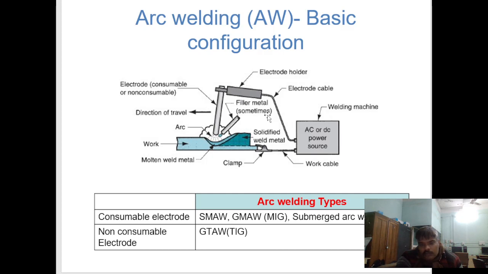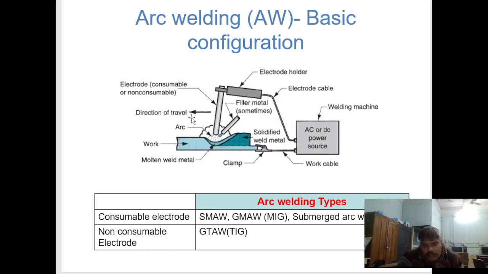Then the electrode is connected to the DC power source, and the workpiece is also connected. Arc welding types: submerged arc, gas metal arc, shielded metal arc welding. In these three arc welding processes, a consumable electrode is used. In the tungsten inert gas welding process, a non-consumable electrode is used.